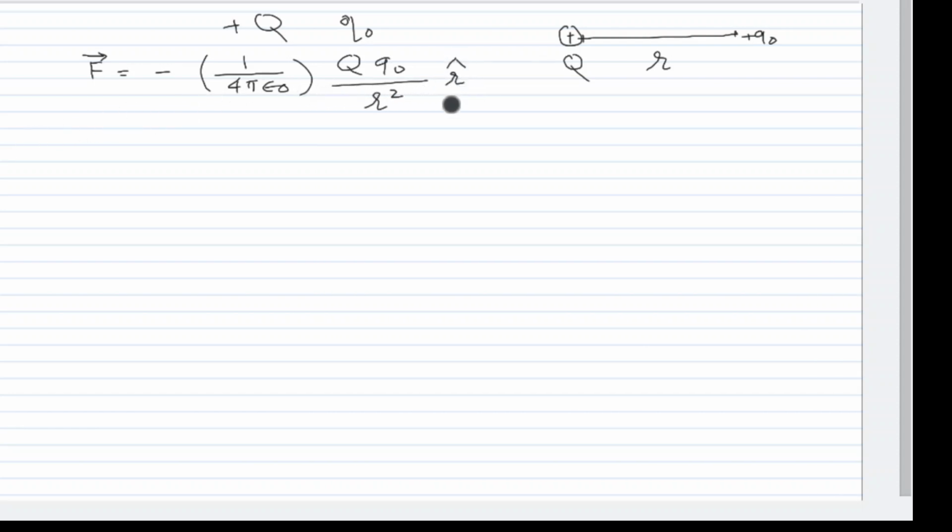And what is this unit vector? Unit vector is in the direction of the r displacement. So r cap is a vector in the direction of displacement.